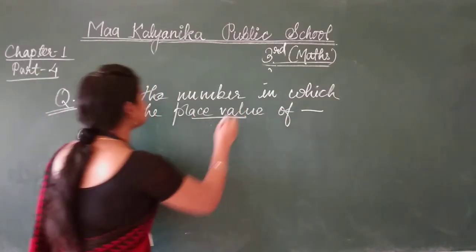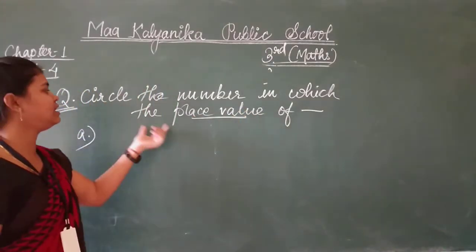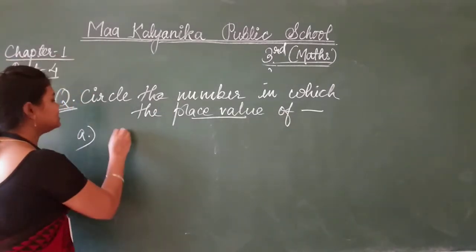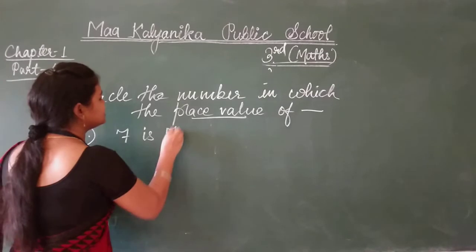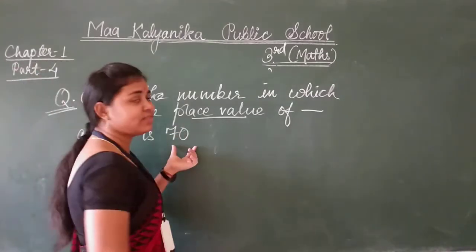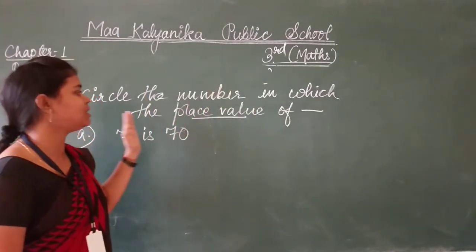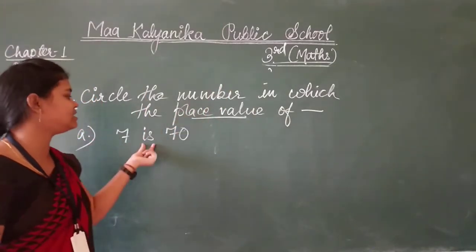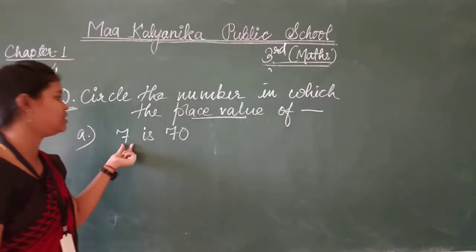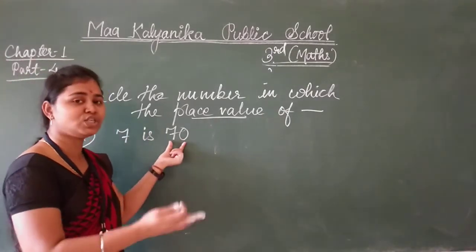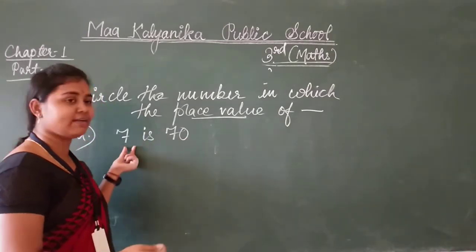Okay, the topic is place value. Circle the number in which the place value of, for example, 7 is 70. You have to see the place value of 7 is 70. In which number is the place value of 7 equal to 70?